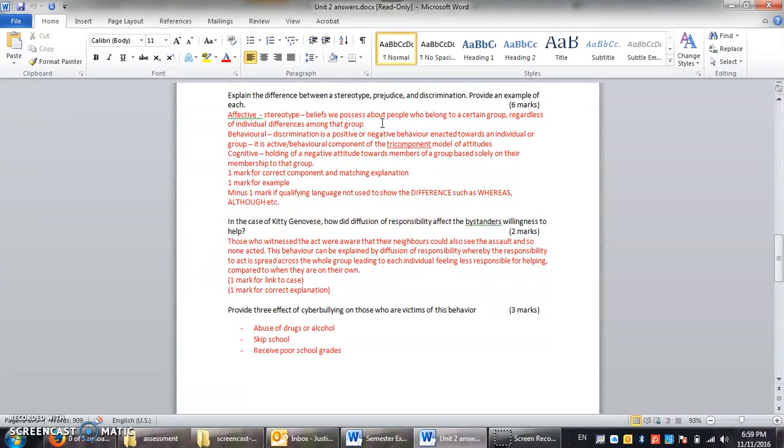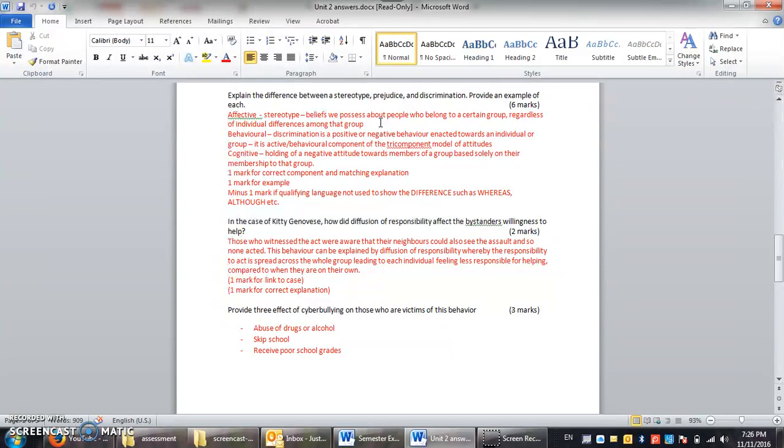So of course an example might be relating to race. You might hold a stereotype relating to Caucasians, Asian people, whatever. And then of course discrimination is the behavioural component. Can be either positive or negative, and it's the active behavioural component of the component model of attitudes, and of course the cognitive would be holding a negative attitude towards a member of a group based solely on their membership.